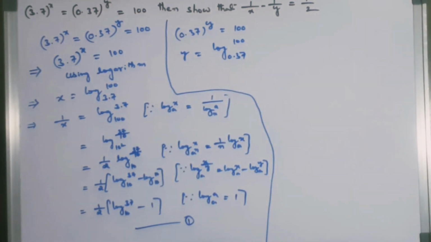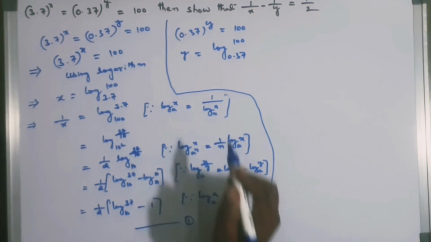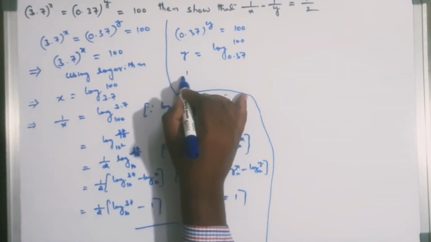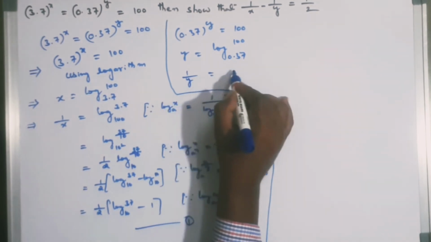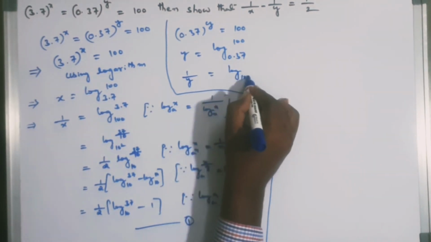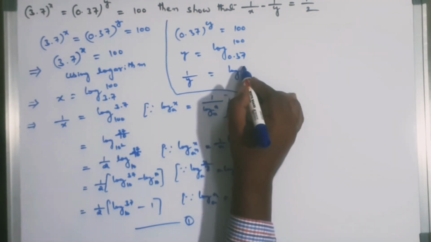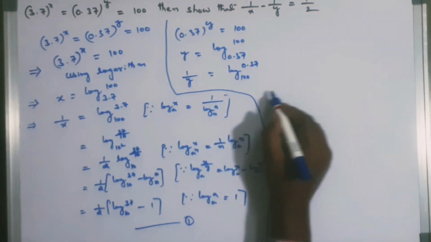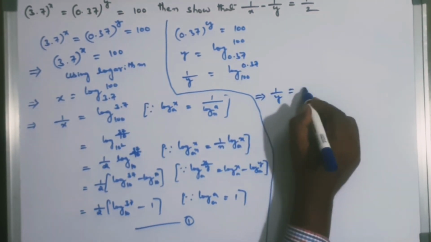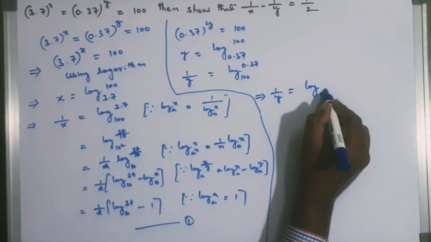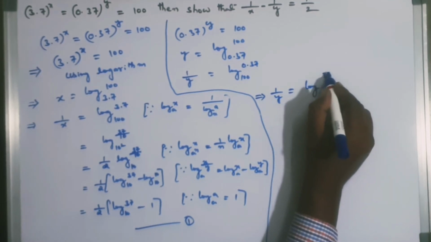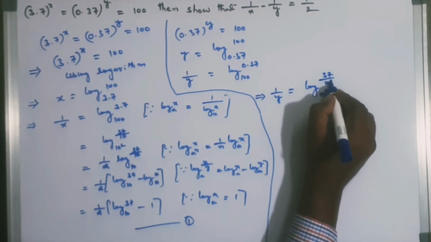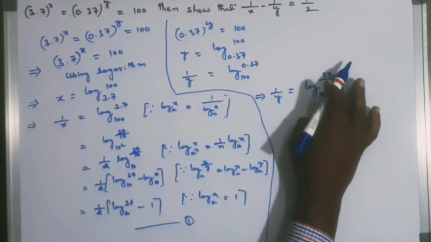But what I require is 1 by y. 1 by y equals log base 100 to 0.37, which implies 1 by y equals log of base 10 square to 37 by 10 square. 37 by 100 actually it is.